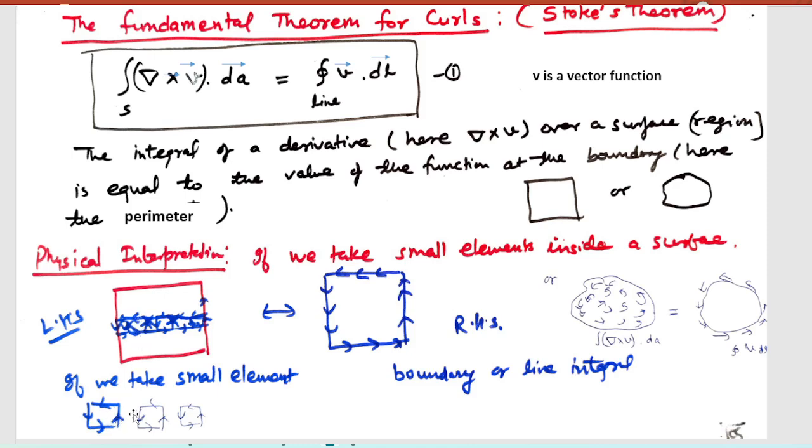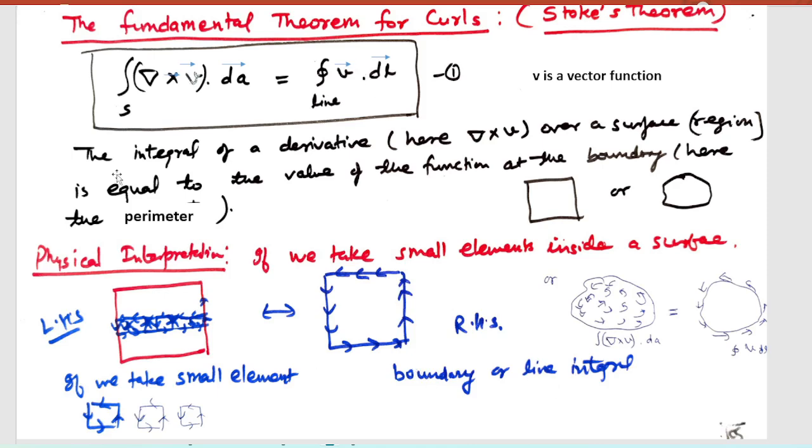This is going up, this is going down, so it will be added up. Similarly this is added up, and all the inside walls will be added up, and finally they will move towards the outer boundary. So after some time curl means it will go to the boundary, and this is the line integral. Boundary is the line integral.